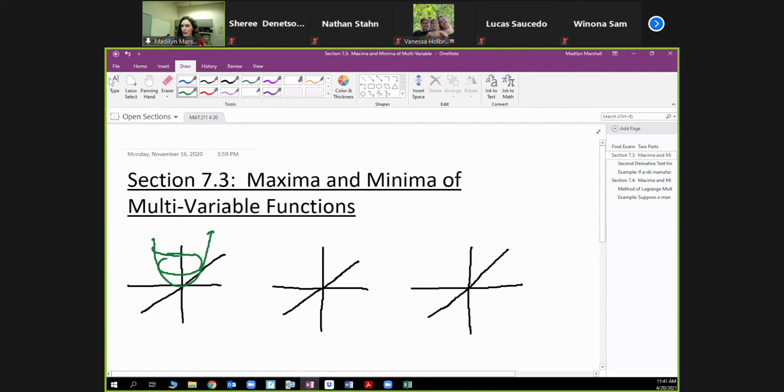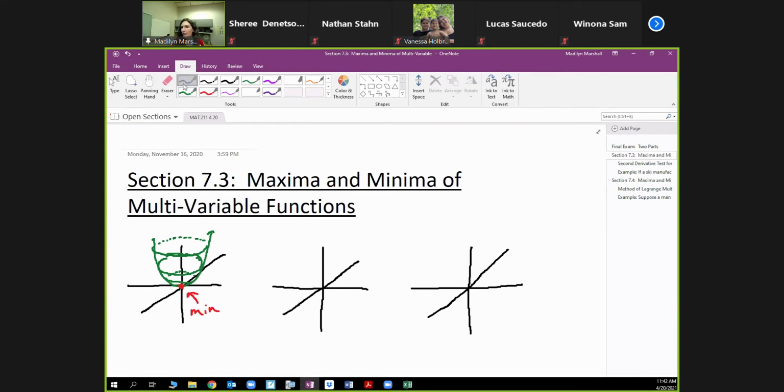So this is like a cup, where at the very bottom of this, we have a minimum. So if we were to look at this just from one side, we could see a parabola, and we would definitely see a minimum. So we're really just making that parabola 3-dimensional. And it doesn't necessarily need to be a parabola, but here we have this cup shape, which would be a minimum.